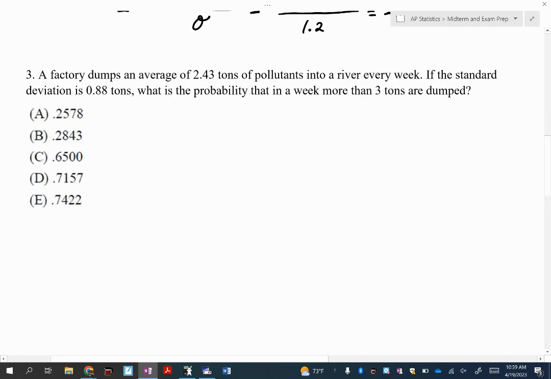Number 3. A factory dumps an average of 2.43 tons of pollutants into a river every week. If the standard deviation is 0.88 tons, what is the probability that in a week more than 3 tons are dumped? So we got a normal model. What is our mean? 2.43 tons. And our standard deviation, 0.88 tons.